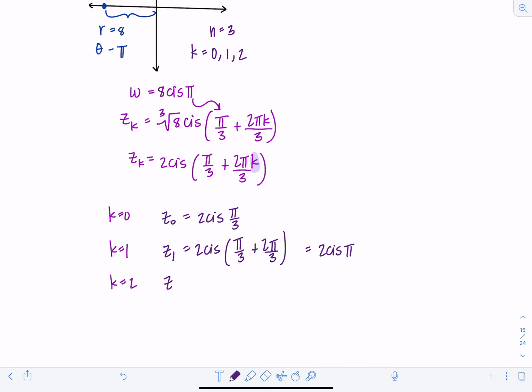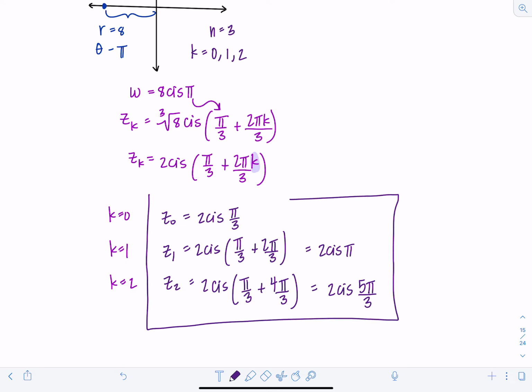And then z2 is 2 cis pi over 3 plus 4 pi over 3, which is 2 cis 5 pi over 3. Okay, good. So these are all of the cube roots of -8.